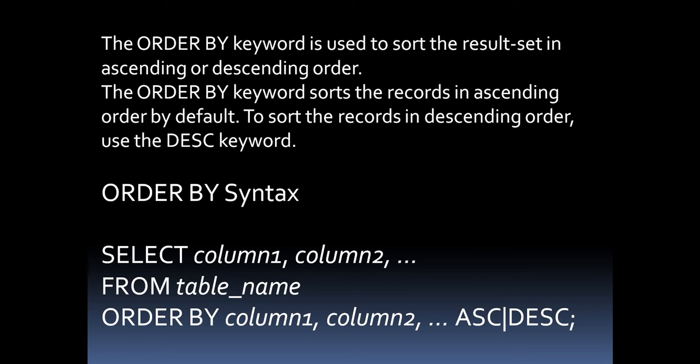What is the use of the ORDER BY clause? The ORDER BY keyword is used to sort the result set in ascending or descending order. It sorts the records in ascending order by default.